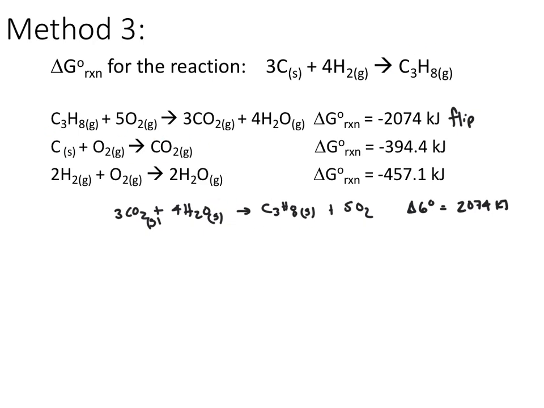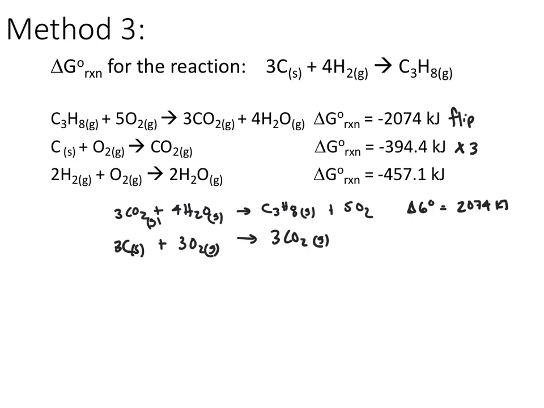Okay, so now that we have our product on the correct side, we need to look at equation 2 and see if we need to make some adjustments there. In this case, the only substance that we really care about is the carbon, because carbon is a reactant. However, I want you to notice that there are 3 carbons in the reaction above and there's only 1 here. So we know we need to take this equation and multiply it by 3. And when we do that, we get the following equation.